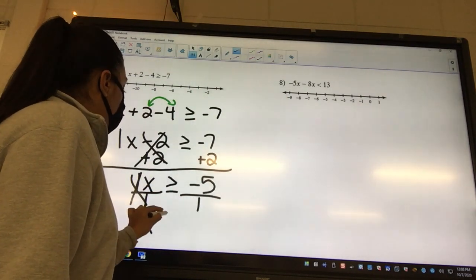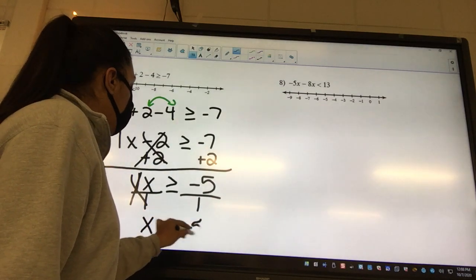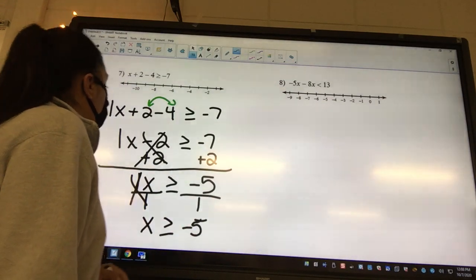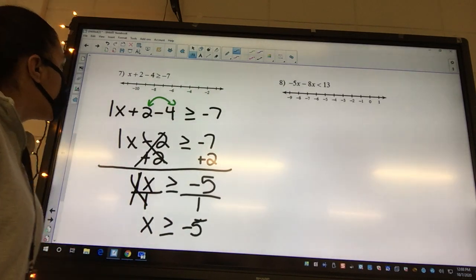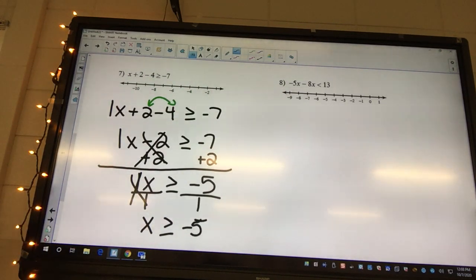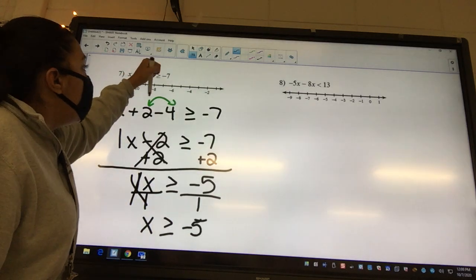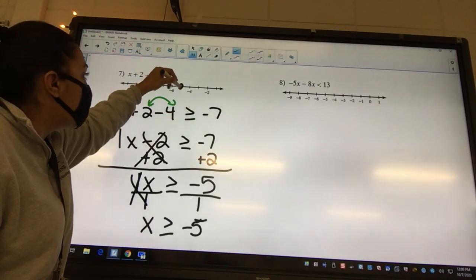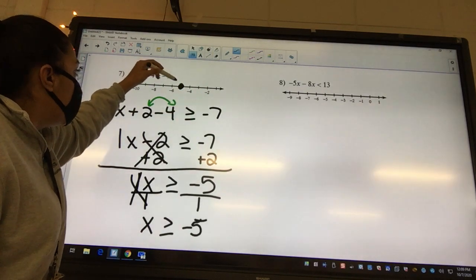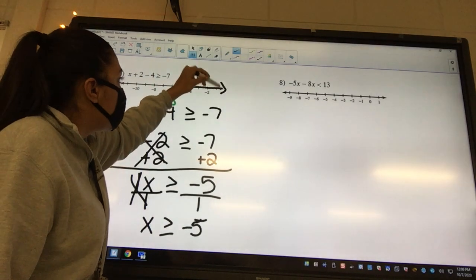So do I need to flip my sign? No. Open or closed dot? Closed. And where is it? Between the negative 6 and the negative 4, in the middle. Yeah, so on this number line, there are still tick marks, but they just skipped one, okay? So don't let it get you all jacked up. And this is going to the right.